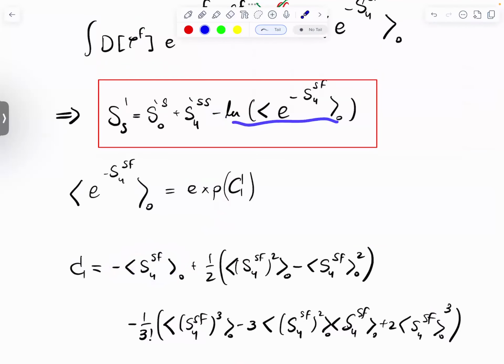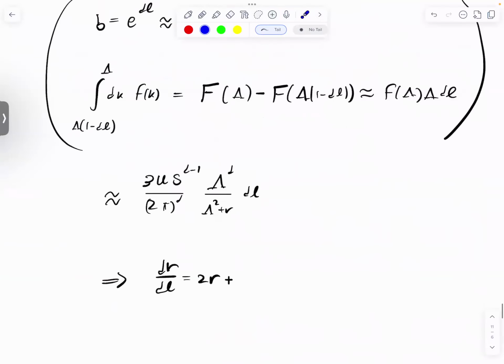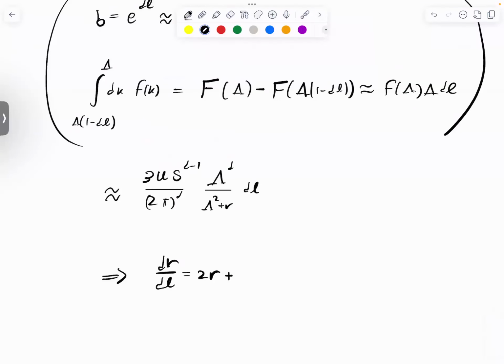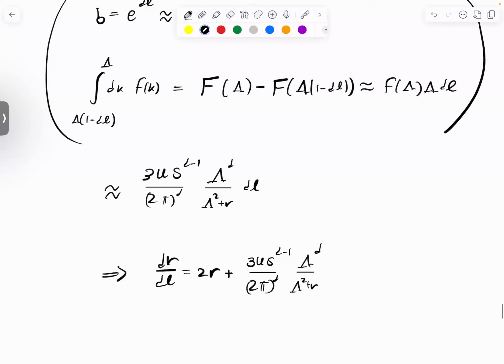So when I take the logarithm, I get 3u S_{d-1} divided by (2 pi)^d, then lambda to the d over lambda squared plus r. Yeah, that's it.